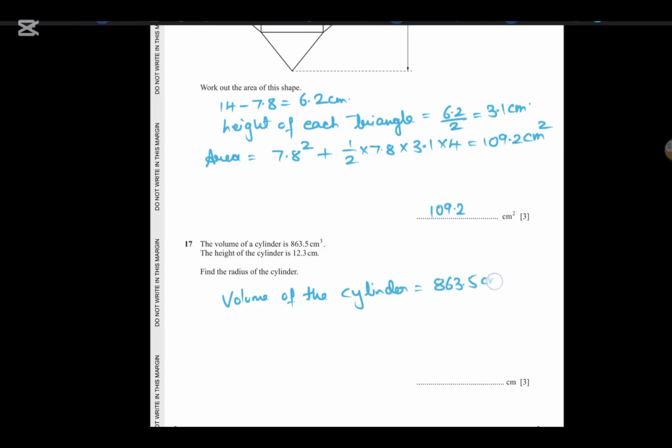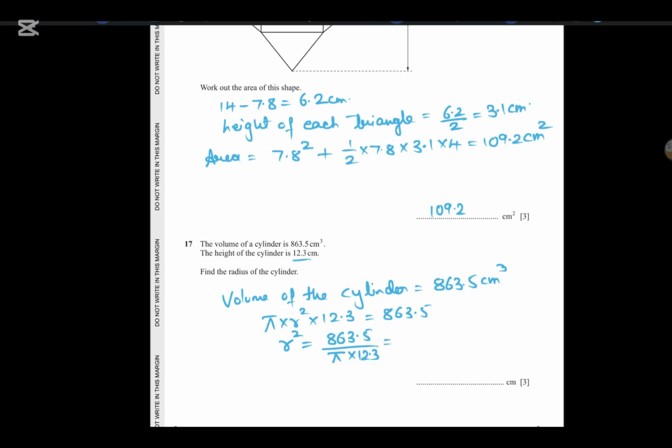Pi into r square into height, which is 12.3, is equal to 863.5 cubic centimeters. Keeping r square on the left hand side, bring pi and this number to the right hand side, so they both get multiplied, and divide with the number on the right hand side.